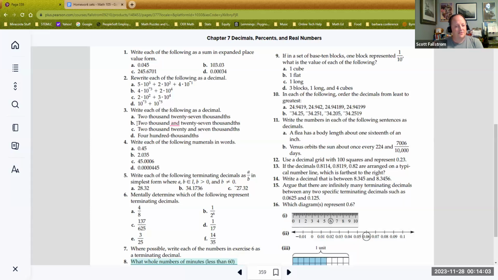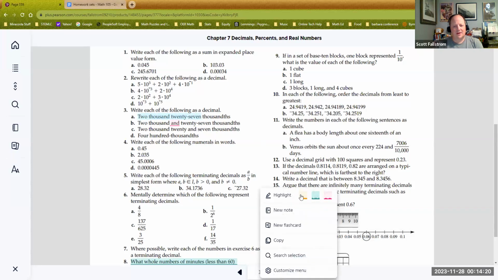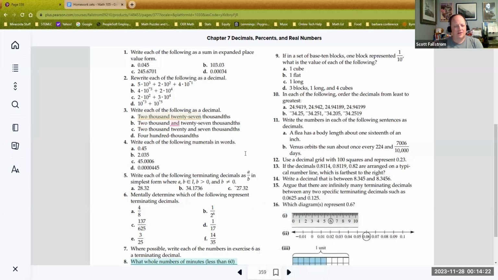So one of them means 2,000 as a whole number, then a decimal point, and then 27 thousandths. Without the and, you are now counting all of these additional numbers here as thousandths. So you have 2,027. Think of that just as a number, and then say now we're grouping those as thousandths.